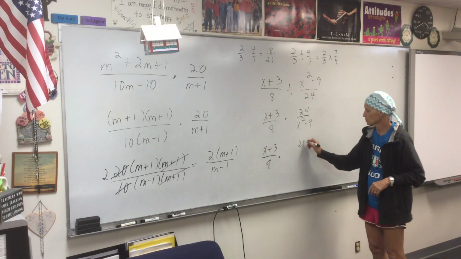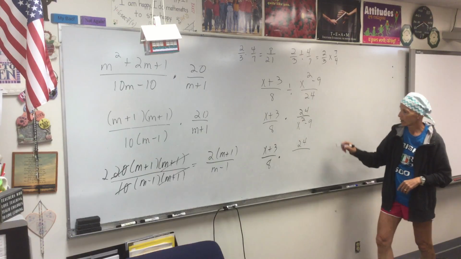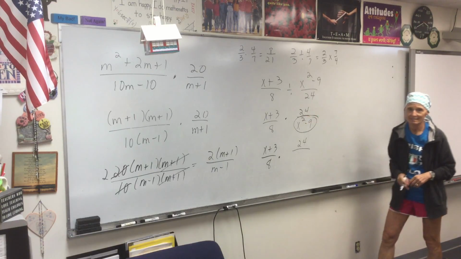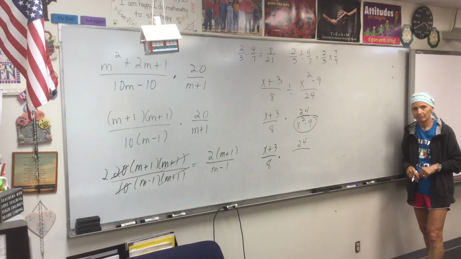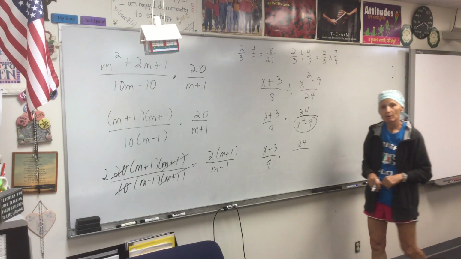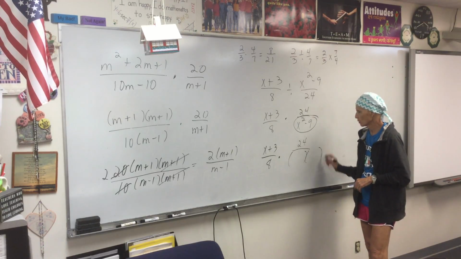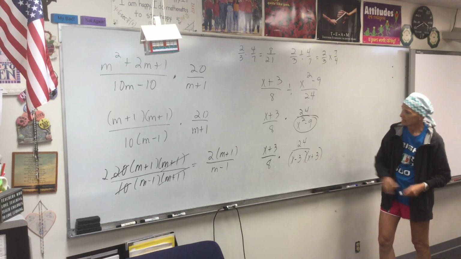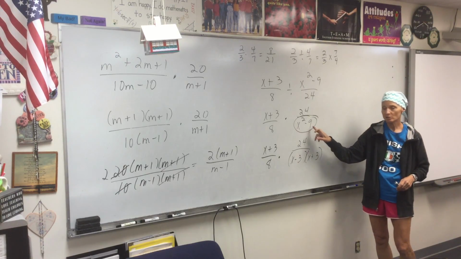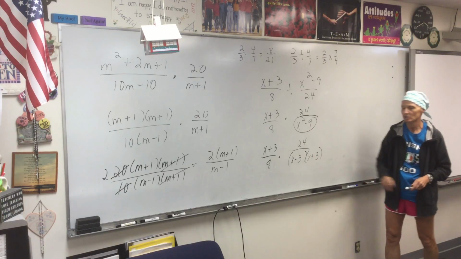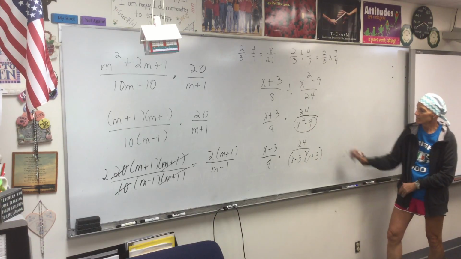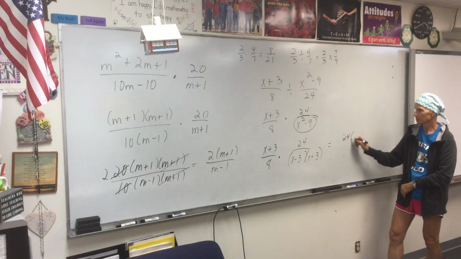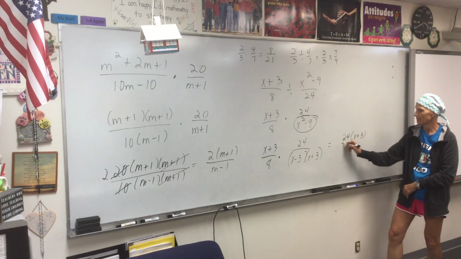What happens here? We've got 24 over, what's that? That's one of our difference of squares. And when we factor the difference of squares, it's x minus 3, x plus 3. It's the square root plus the square root and the square root minus the square root always. So now we can multiply, putting my coefficient out in front.